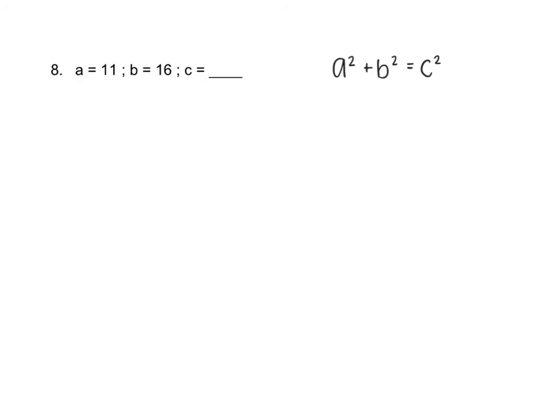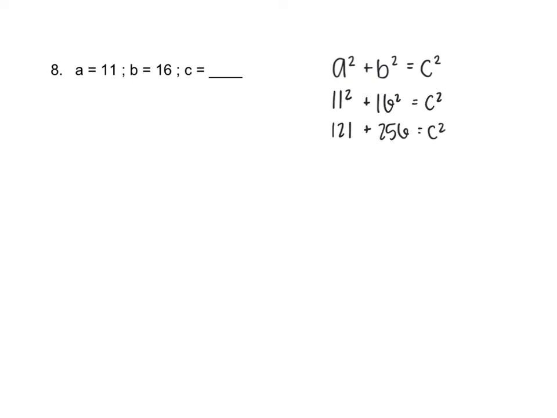Again, they give us values for our side lengths in number 8, and we're solving for that blank for variable c. So a squared is going to become 11 squared, b squared becomes 16 squared, and we're solving for c. We're then going to change these to their values, so 121 plus 256 equals c squared.